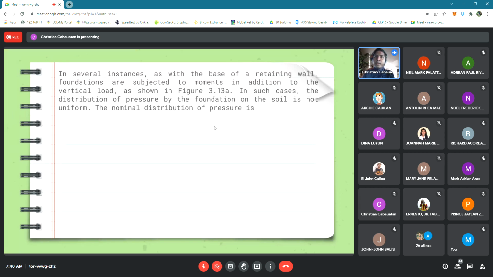We will consider this distribution, and then we will transfer it to the uniformly distributed one. If it is triangular, we will solve it as triangular, and later on we will convert it to the uniform distribution.